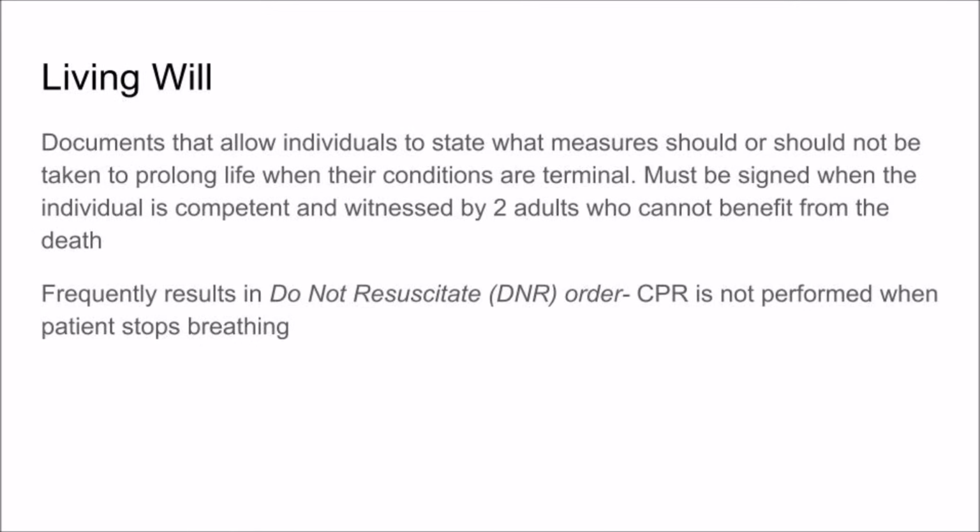Living wills are documents that allow individuals to state what measures should or should not be taken to prolong life when their conditions are terminal. These must be signed when the individual is competent and witnessed by two adults who cannot benefit from the death. This frequently results in a do not resuscitate order, which is when CPR is not performed when the patient stops breathing.